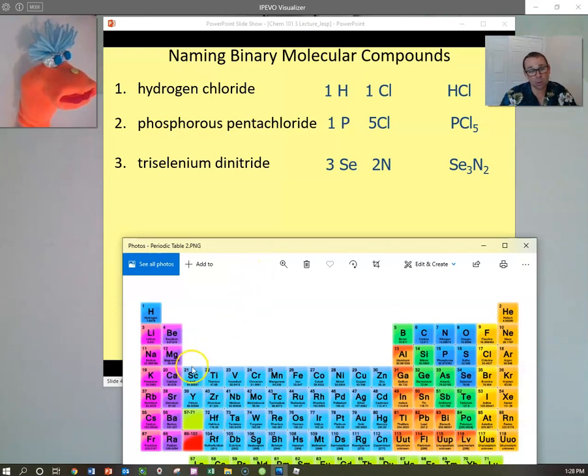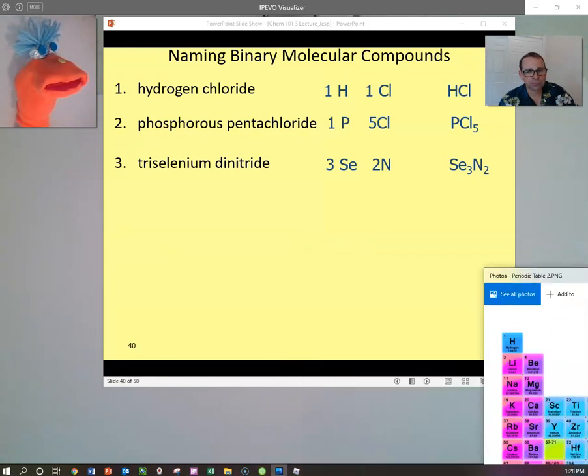We know that magnesium only forms a +2 charge because of its location. So simply by saying magnesium bromide, everybody will know what it is. If it's a transition metal, and I say, for example, cobalt chloride, then I'll say cobalt(II) chloride because it's a transition metal, and that'll help people know which ion of cobalt I'm talking about.